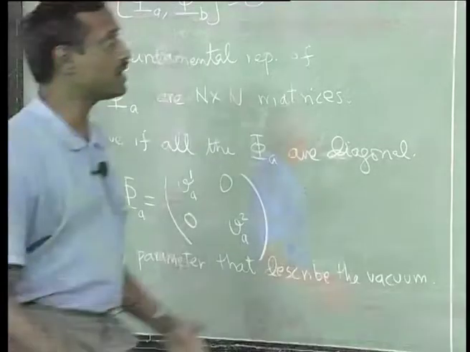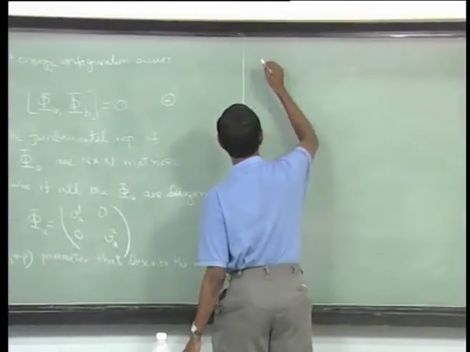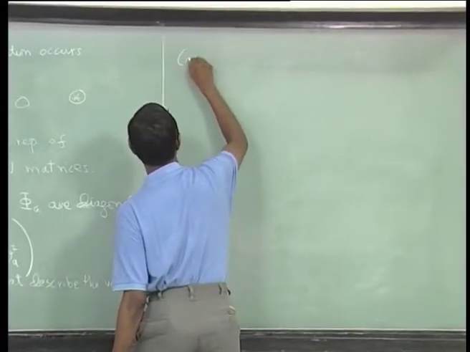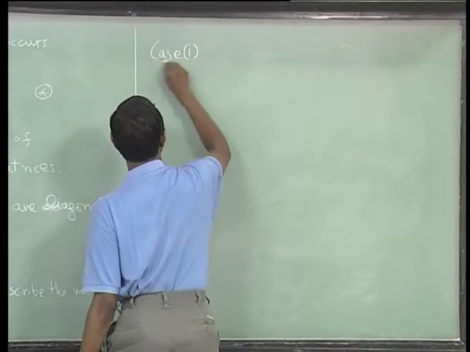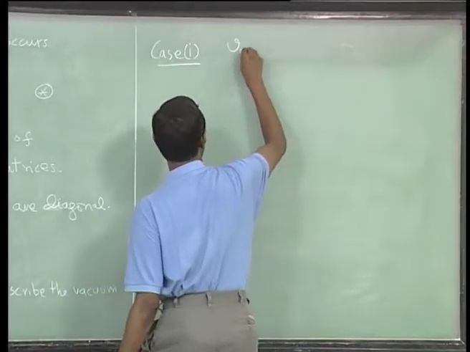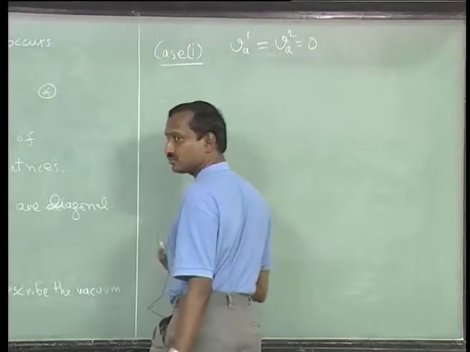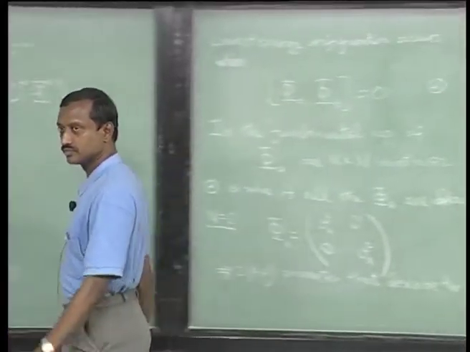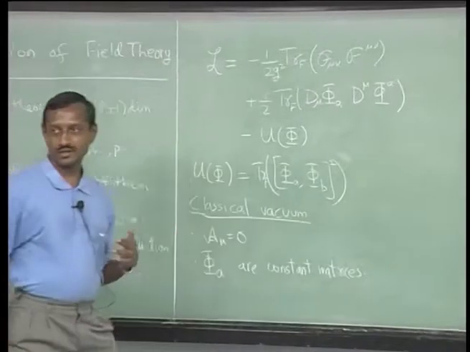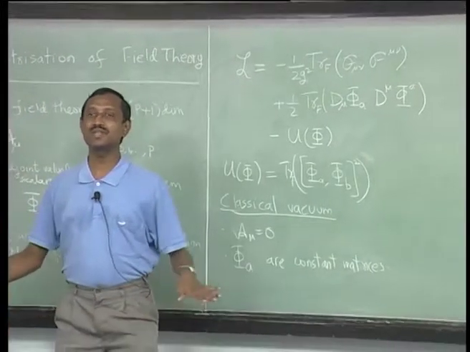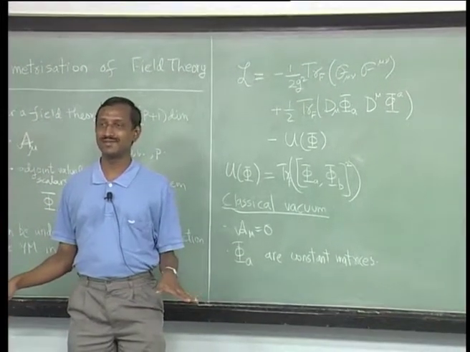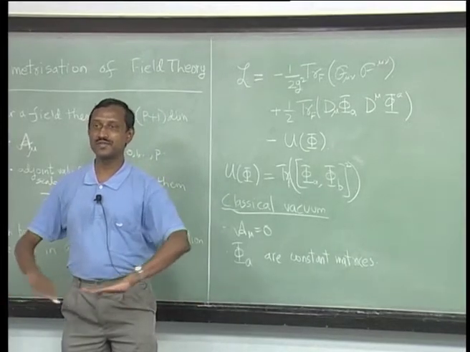Okay. So let us first look at case 1, which is all the V_A1 and V_A2 equal to 0. This is analogous to the unbroken case which we would have had, where all the fields were 0.